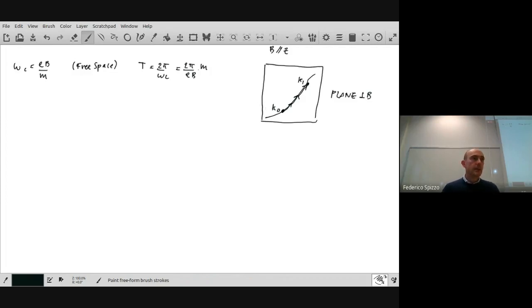So for the moment, k0 and k1 are arbitrary points. k0 is just the starting point of the trajectory. k1 is an intermediate point. In case the trajectory is closed, then at some point k1 will reach again k0, so we have a closed orbit. So if we define delta t as t1 minus t0, we first try to evaluate delta t, and then from the expression of delta t, we may eventually obtain the value of the period.